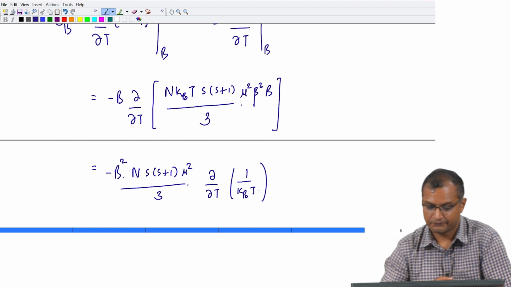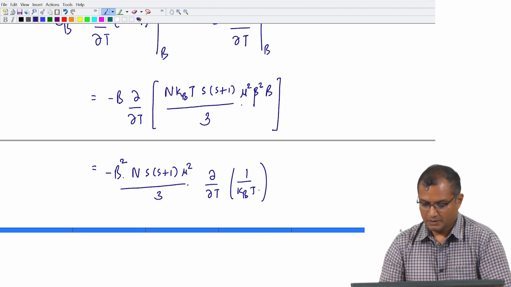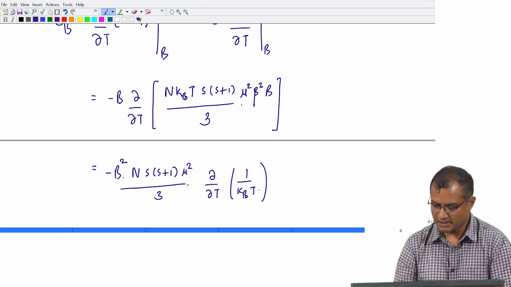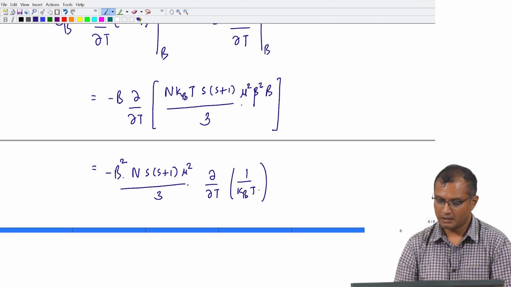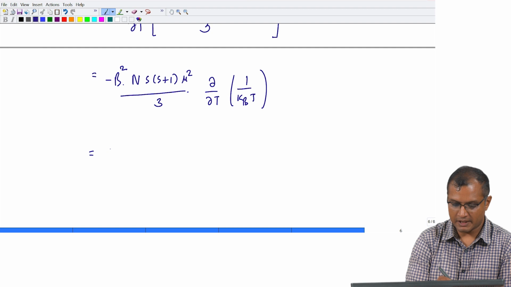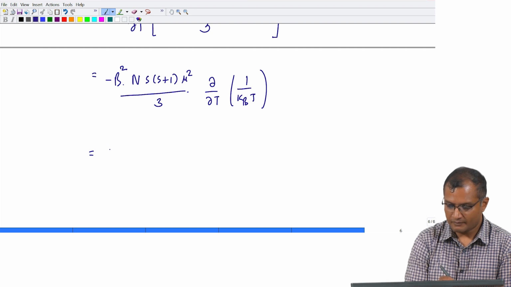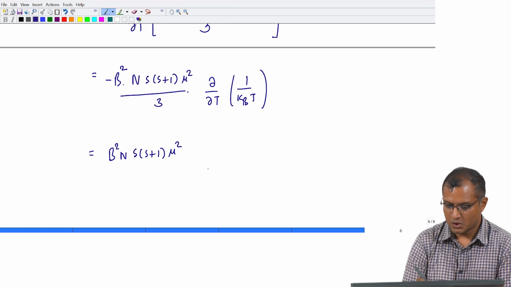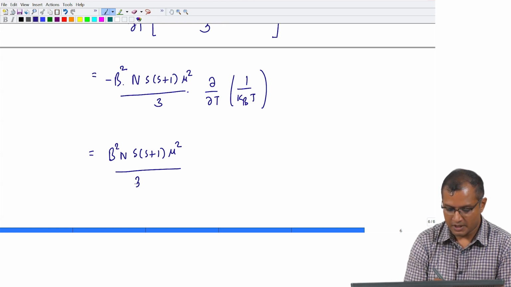Is it okay? B becomes B square, kT into beta square is just 1 upon kT, and S into S plus 1 comes outside. So, what I will get now is basically B square N S into S plus 1 mu square over 3 kB T square.